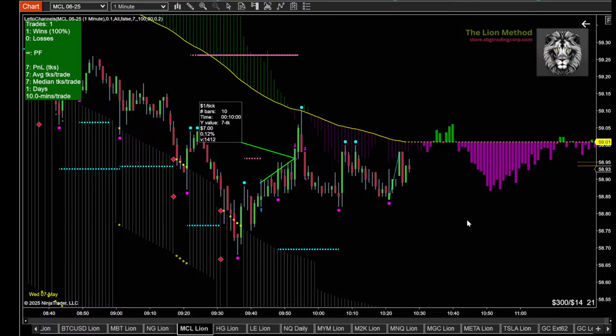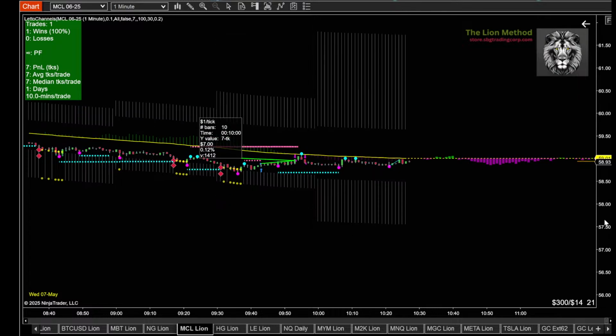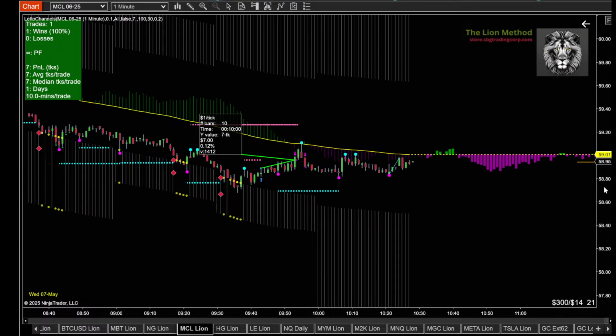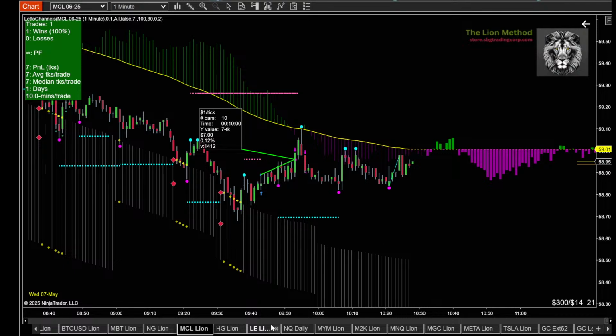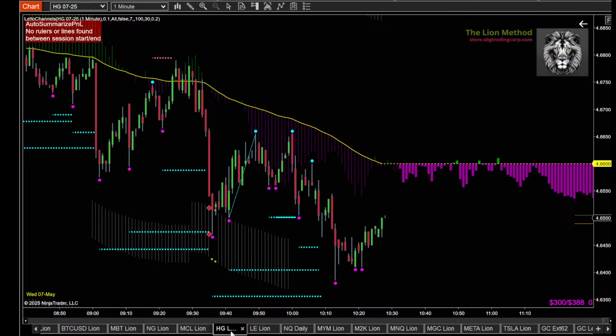10:26. We're hoping for some volatility here. You can see right now it's nothing. I'm not trading when it's nothing. You can't make me trade when it's nothing.